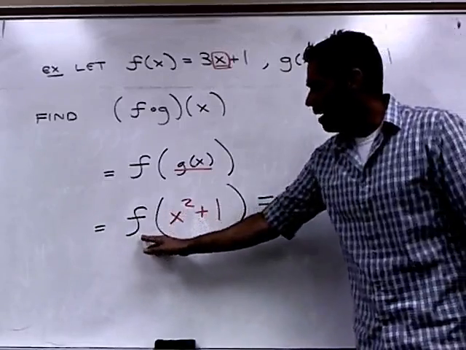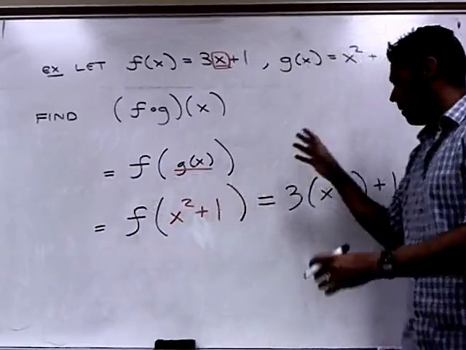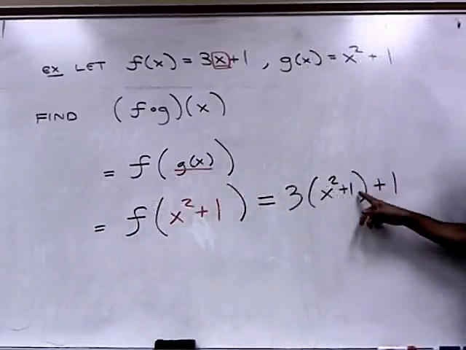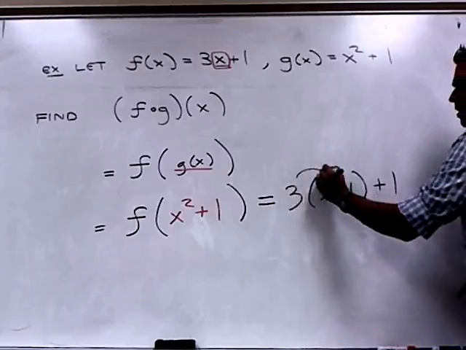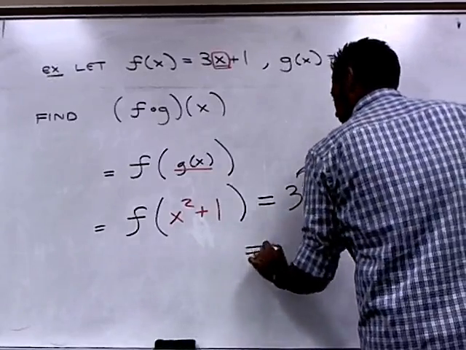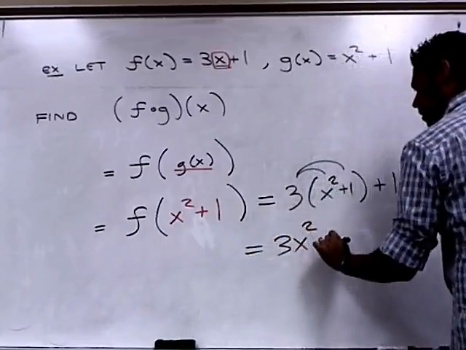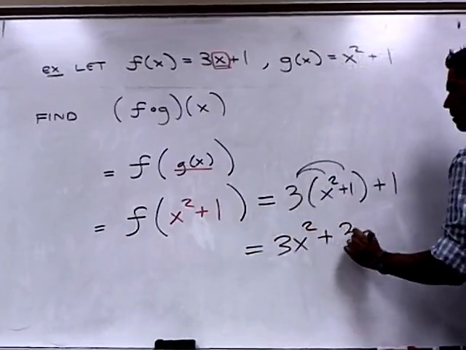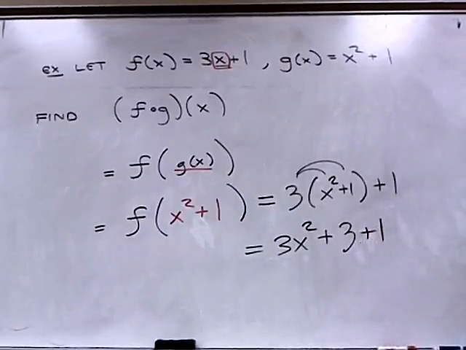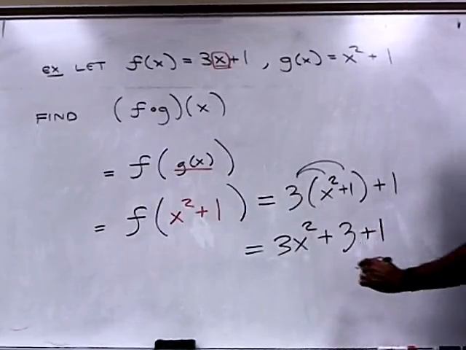Notice the f went away because I'm plugging this into f, so I'm actually evaluating the function at this value. I distribute the 3 through now. I get 3x squared plus 3 plus 1, which is just 3x squared plus 4.